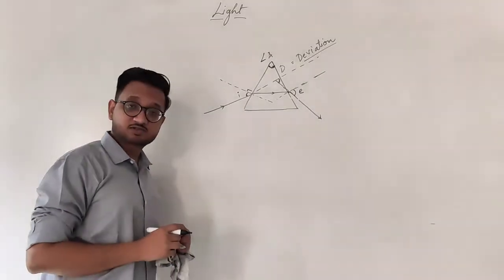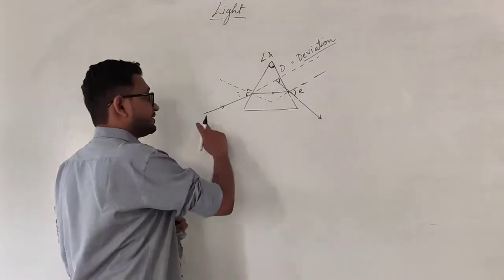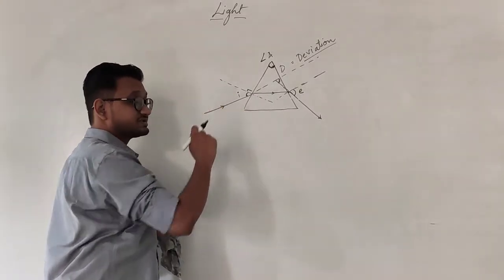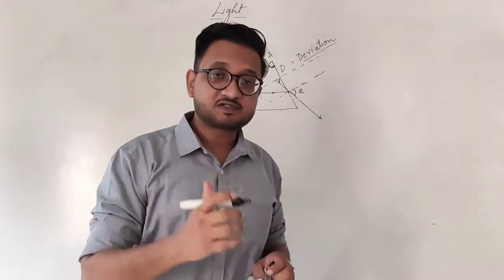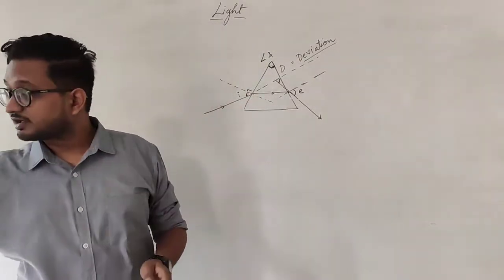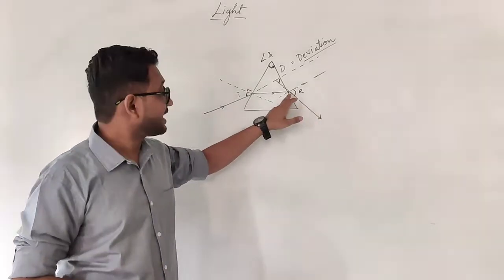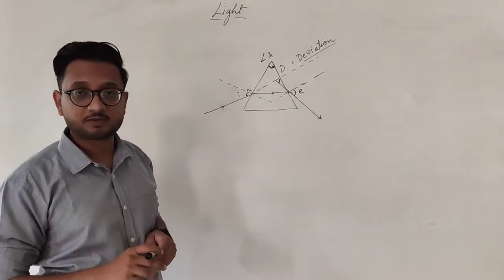I hope it is clear to you students. Once again, this is our incident ray, this is the normal, and therefore this is our angle of incidence. Angle of incidence is always with the normal. Similarly, the emergent ray also makes the angle of emergence with the normal.